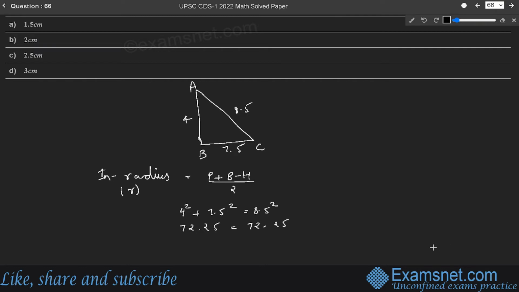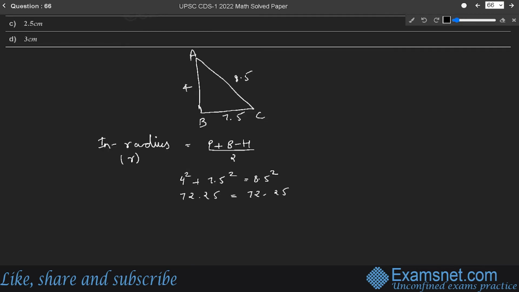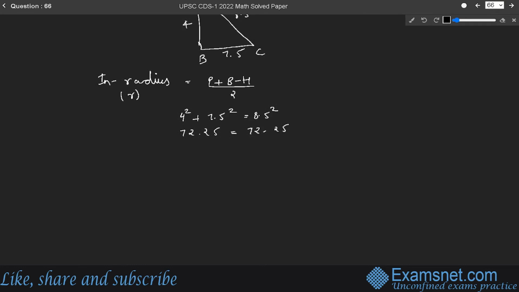Now according to the concept, in triangle ABC, if we talk about the inradius of the circle, the inradius will be equal to R is equal to AB plus BC minus AC upon 2.